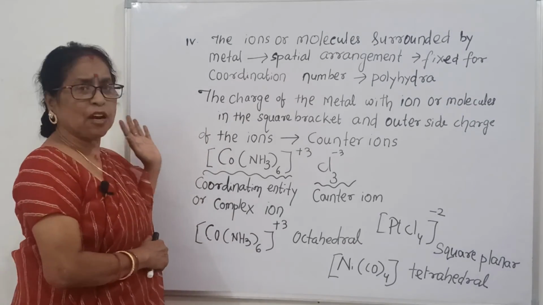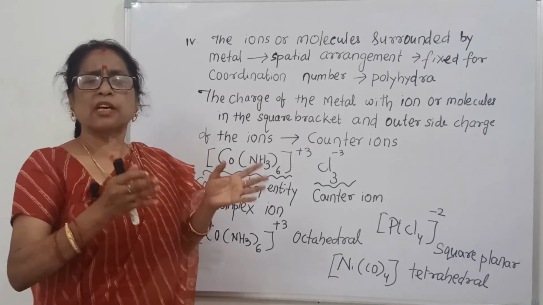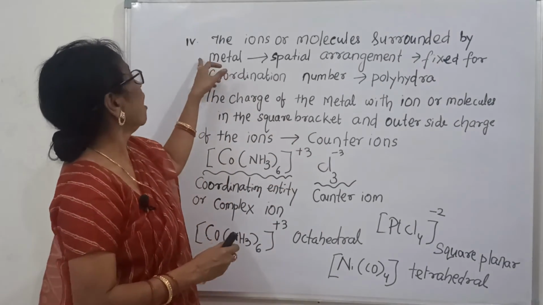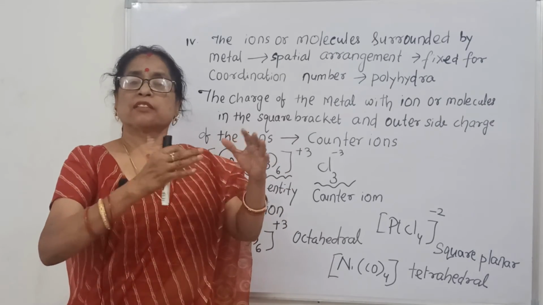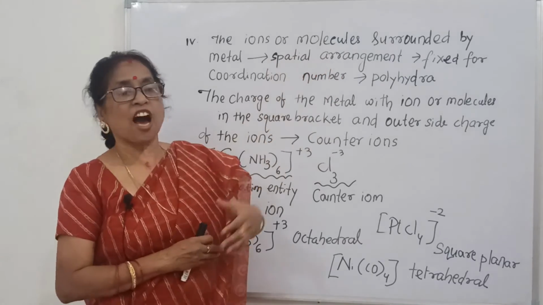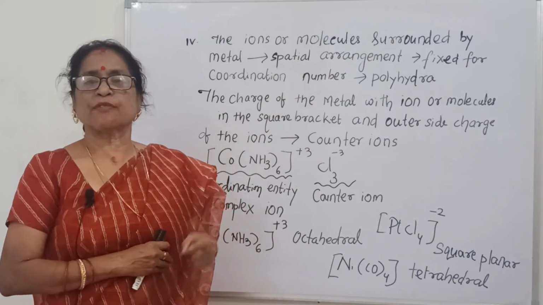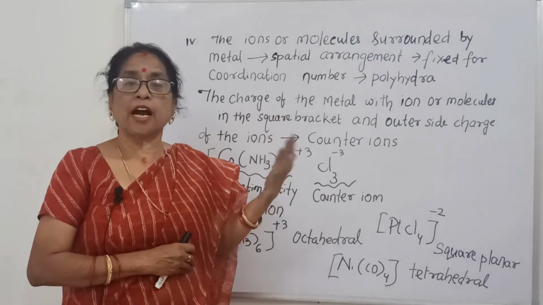So again see, I hope it is clear. When molecules or ions are surrounded by the metal, they have some definite geometrical shape. That is called spatial arrangement, and the geometrical shape is fixed for the coordination number, and this is also called polyhedra.